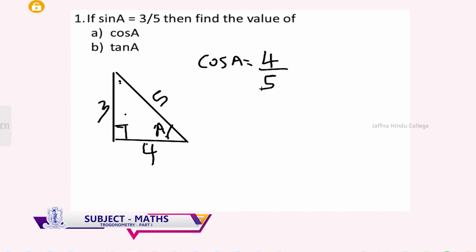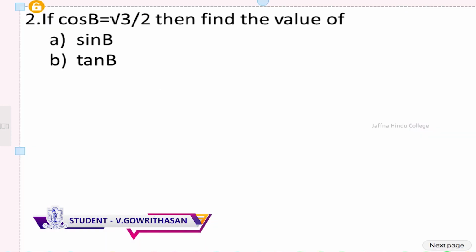Let us write tan A. Tan A is equal to opposite side by adjacent side: opposite side 3 and the adjacent side 4. Let us move to the next question.